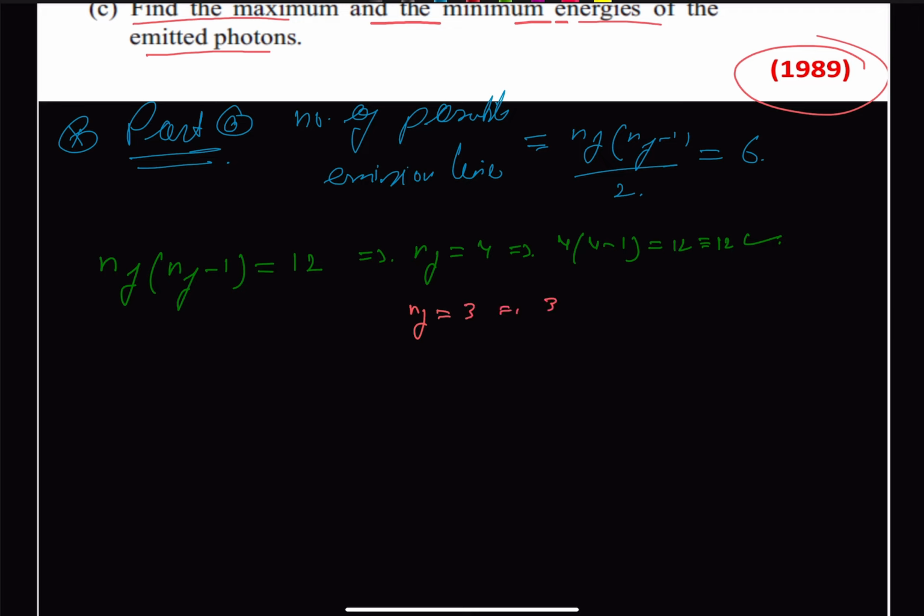This gives us 3 multiplied by 2, which is 6, and this is not 12, so this is false. Let us try 5, a better option, a higher as well as a lower value. So this comes as 5 multiplied by 4, which is 20, and this is also false. So one is the lower, the other one is the upper. So this gives us the value of NF equal to 4.